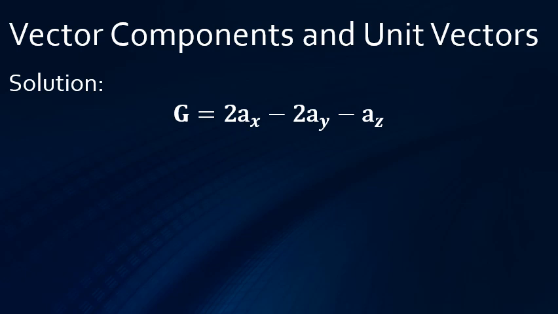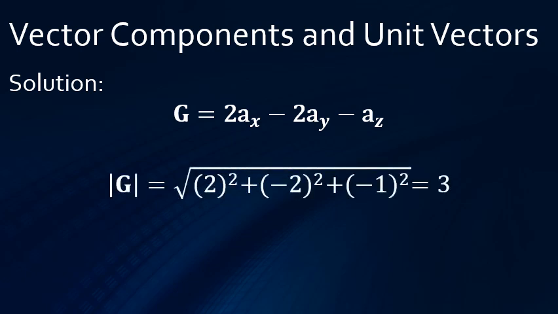Okay, dahil nanggaling naman siya sa origin, so kinopya lang natin yung coordinates ni g. Okay, supposedly kasi ma-minus mo siya, pero dahil 0, 0, 0 naman yung origin, copyahin mo na lang yung coordinates ni g. So naging, ang vector g natin, extending from the origin to the point g is 2ax minus 2ay minus az.